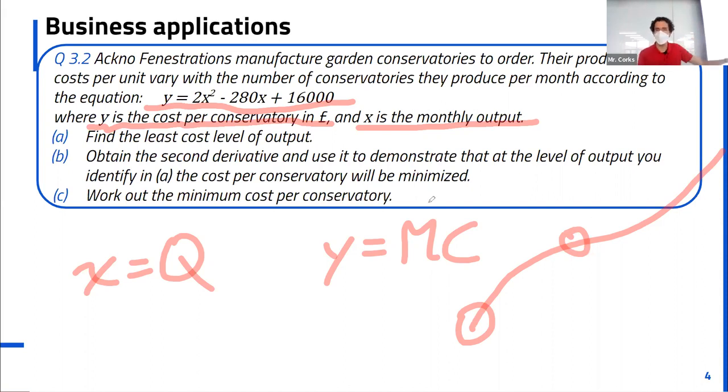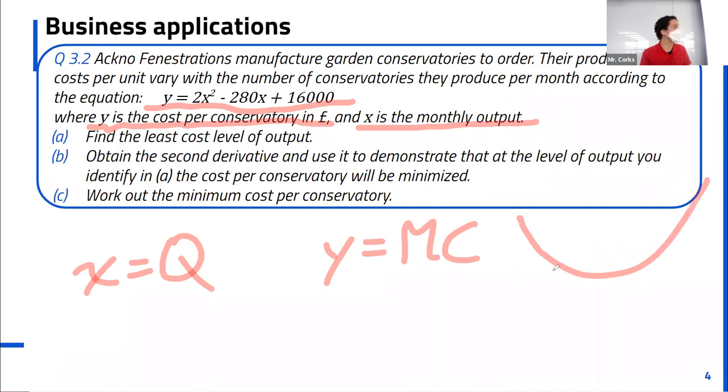So we're getting more efficient as we go, and this is representing our per unit cost here, so marginal cost. We can see this is a positive quadratic, so it would look like this. This is the basic shape. So we have this kind of low point here, and then it starts getting inefficient and it starts going up.